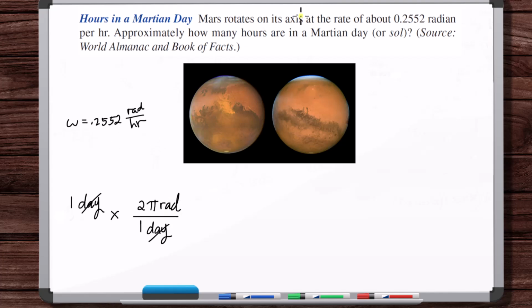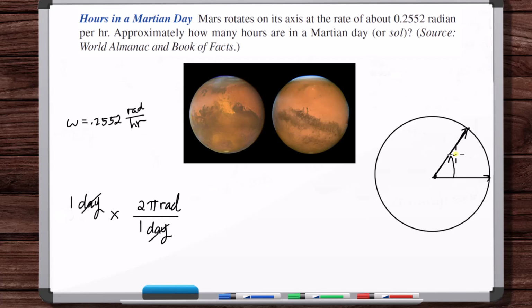They're asking us the speed of the rotation. You could project all of Mars onto its equator circle, and think about it rotating about that center axis. As far as how fast it's rotating, you can turn that into a uniform circular motion problem.